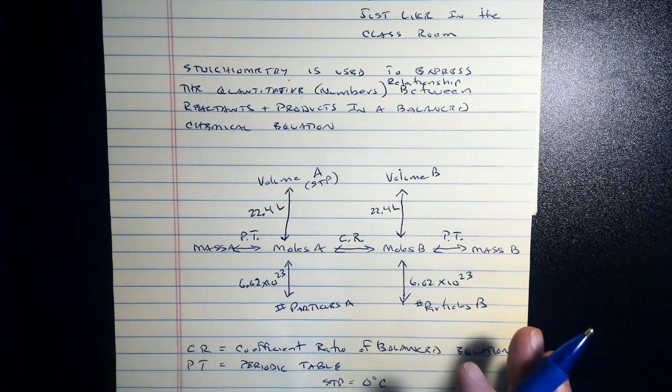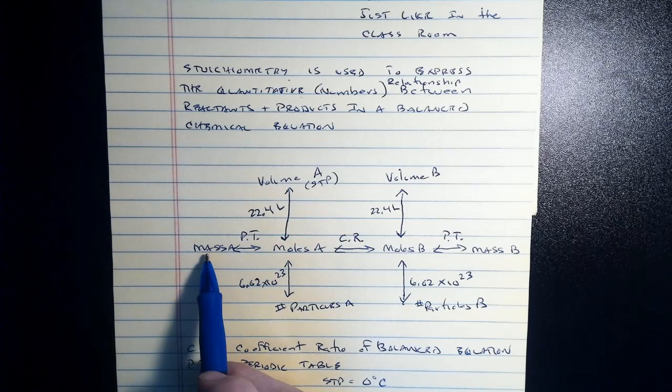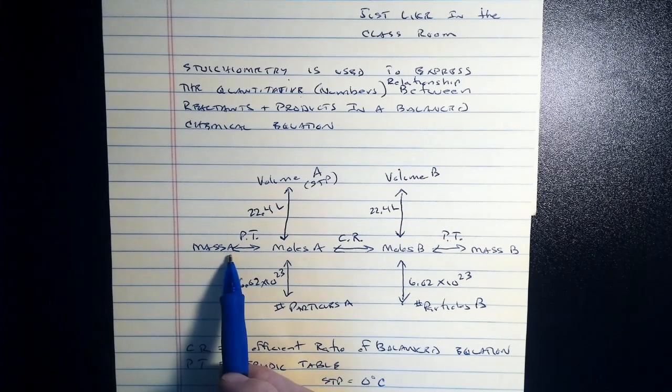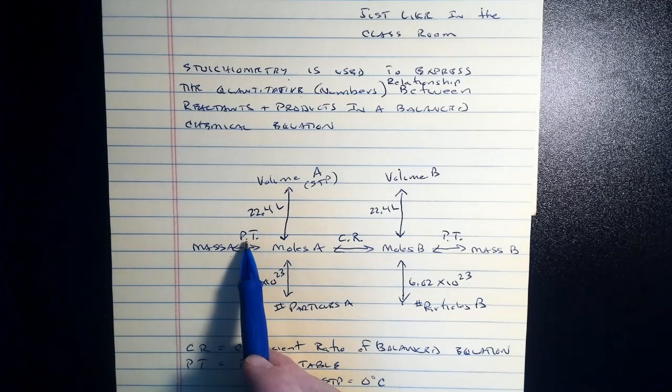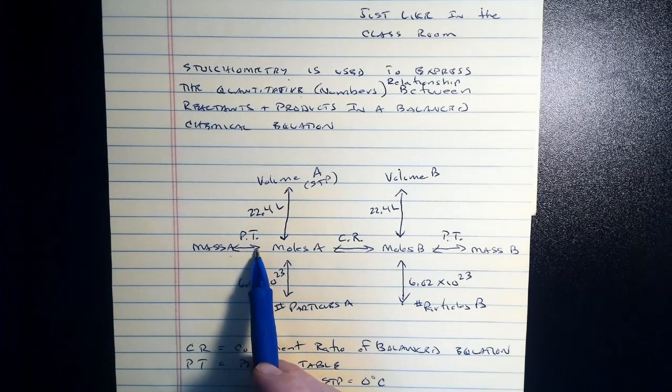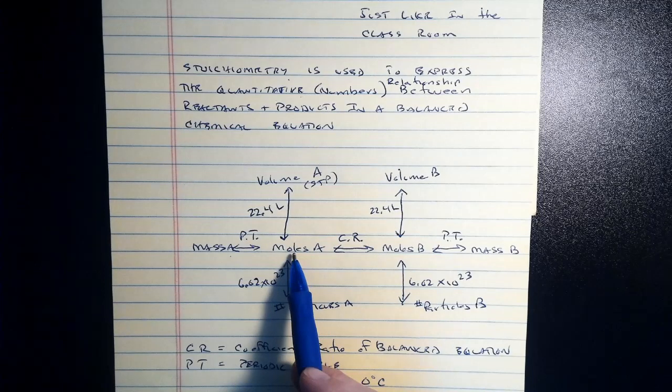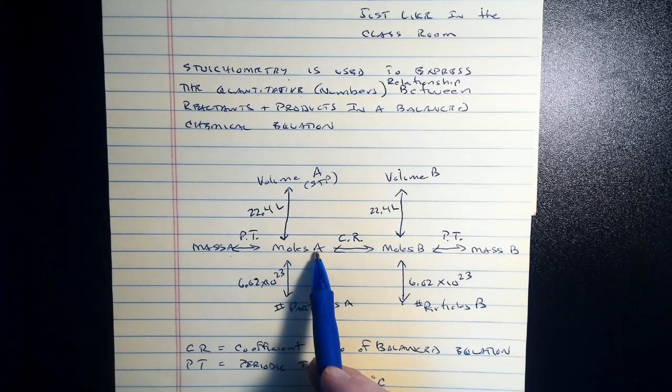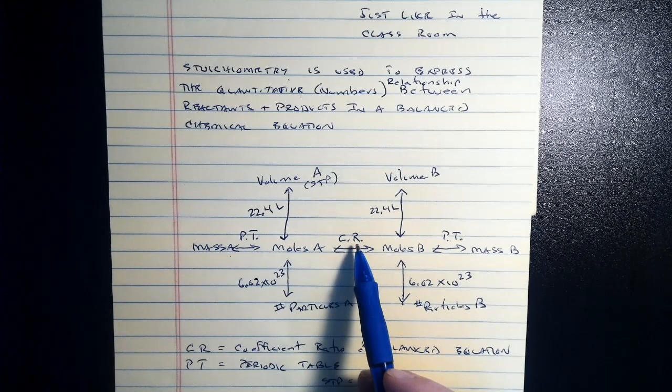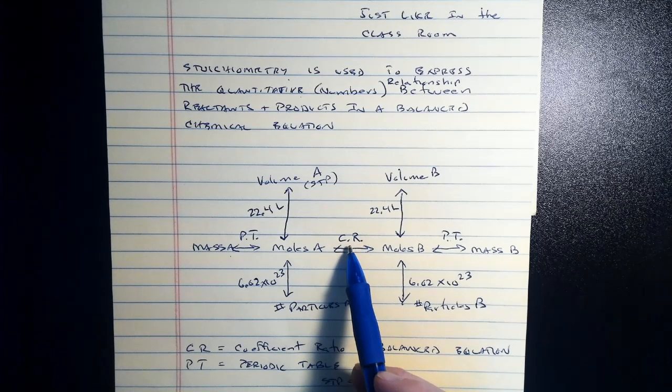You start with the mass of a substance, which we call mass A. You can use a periodic table to convert that back and forth to moles of that substance, or moles of A. Then when you have a balanced chemical equation, those numbers in front of the compounds and elements are the mole ratios, or molar ratios, or coefficient ratios.